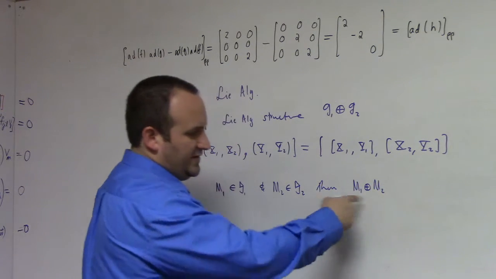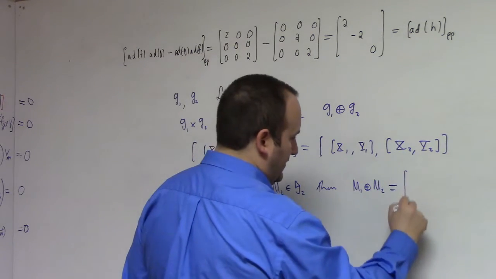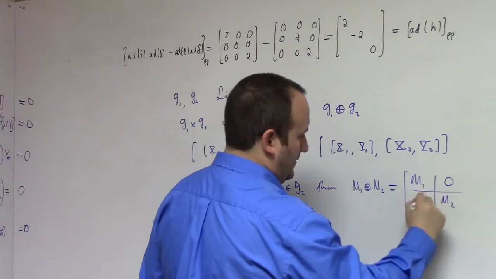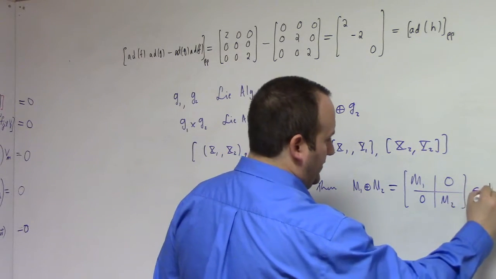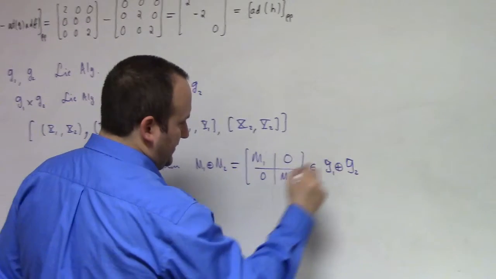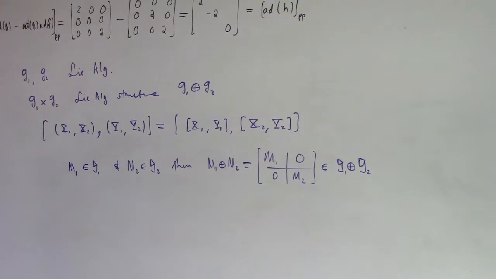As a matrix operation, that is just the block diagonal sum of them.